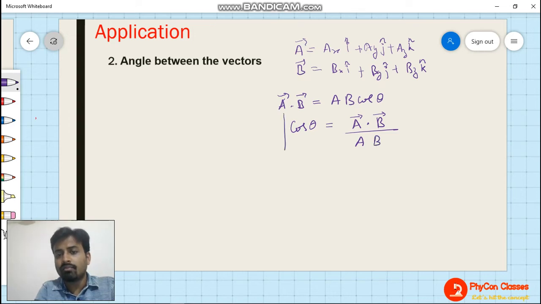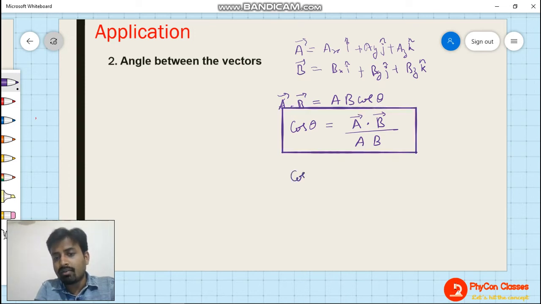So this is one formula that we can use to find out the angle between a and b. And another formula in rectangular format: what is the value of a dot b in rectangular format? It is ax bx plus ay by plus az bz. We have already seen.